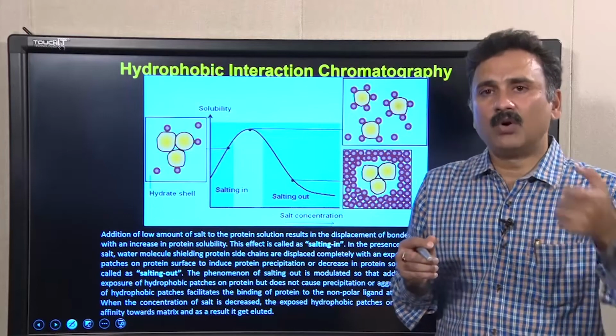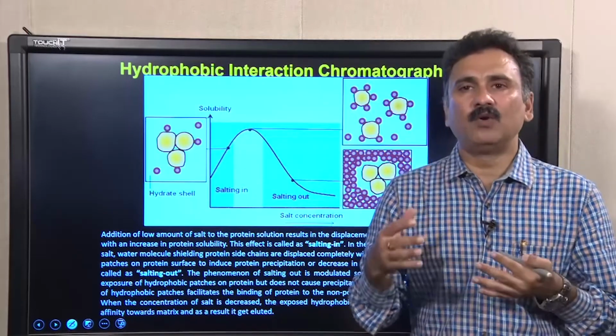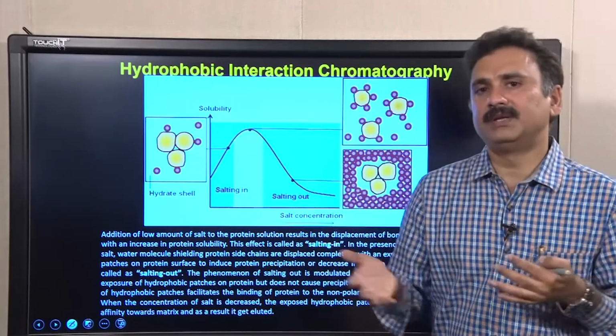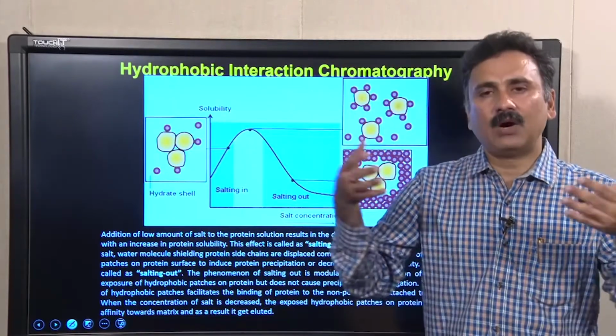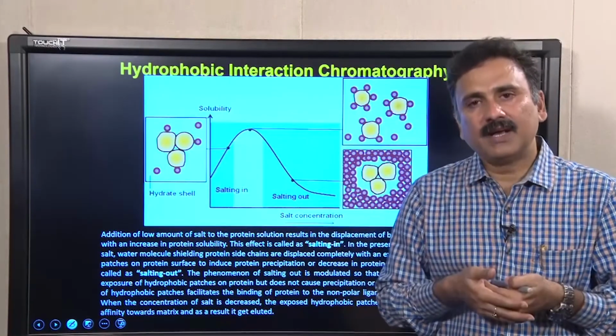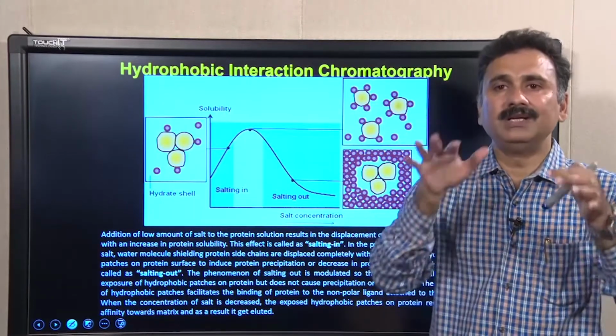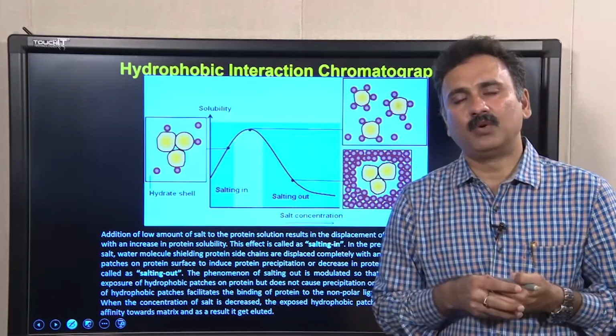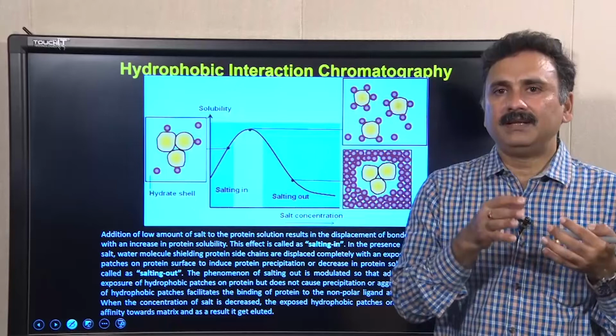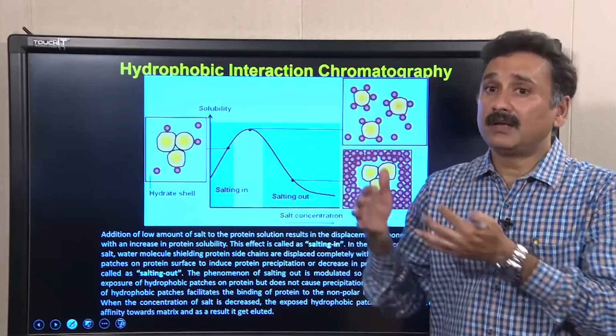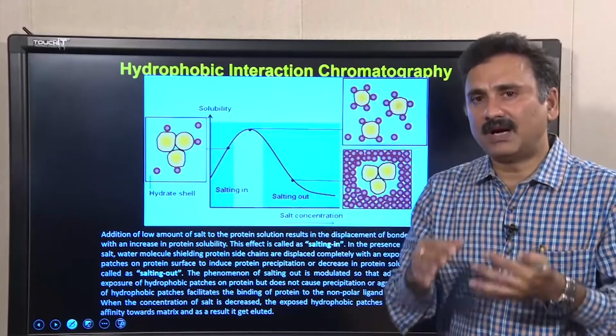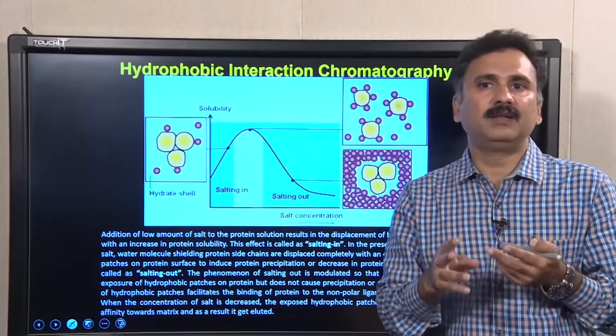When you add more salt, the hydrophobic patches exposed onto the surface allow the proteins to clump together, and that decreases the protein solubility. That effect is known as salting out. So with the addition of salt, you are doing two things.